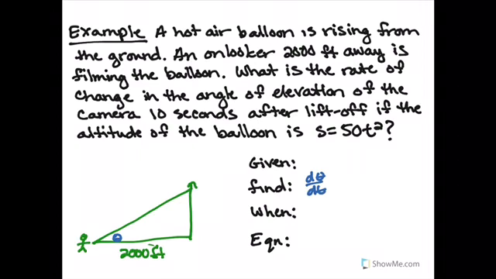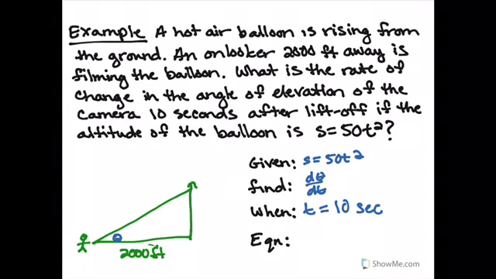10 seconds after liftoff, there's our when. t equals 10 seconds. If the altitude of the balloon is s equals 50t squared. Now that's not our equation. Okay, that's a given. Now, what is s?